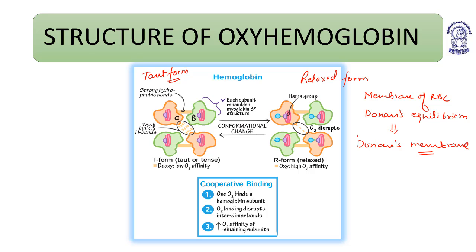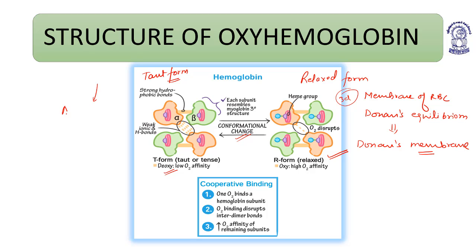When combined with oxygen, the oxygen makes some changes and the relaxed form is created. This three-dimensional structure gets changed, the conformation gets changed to taut form or tense form when oxygen is less.